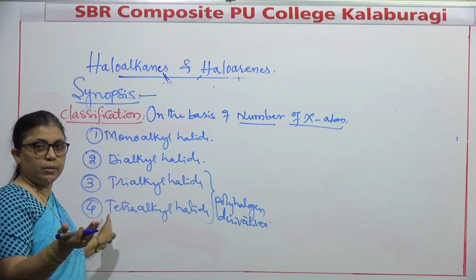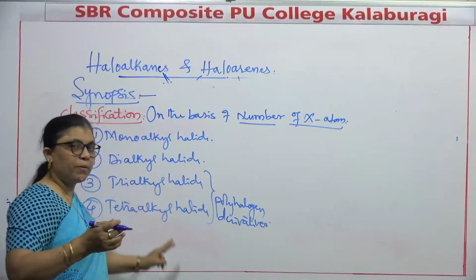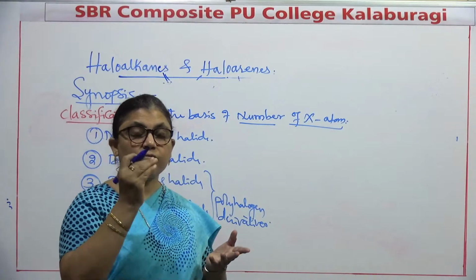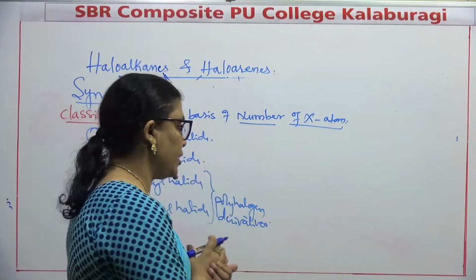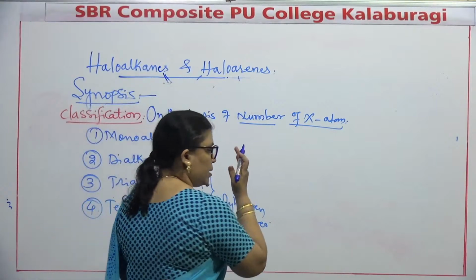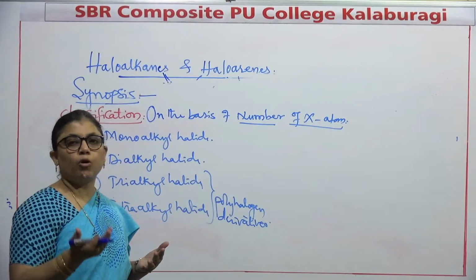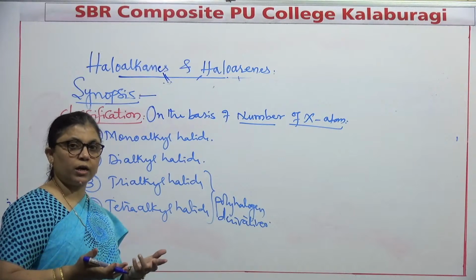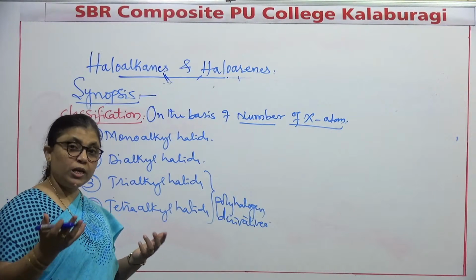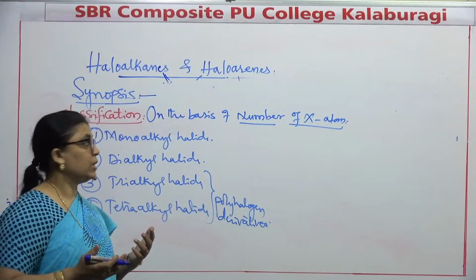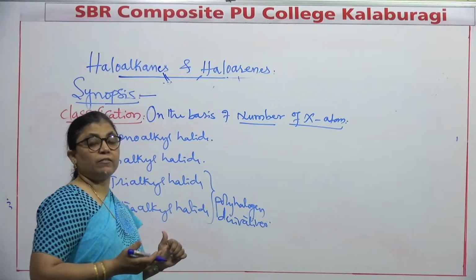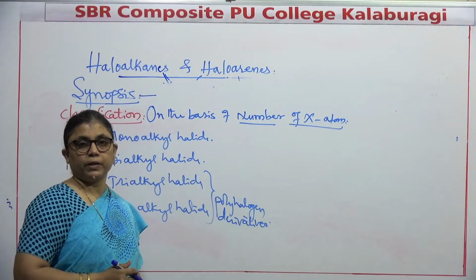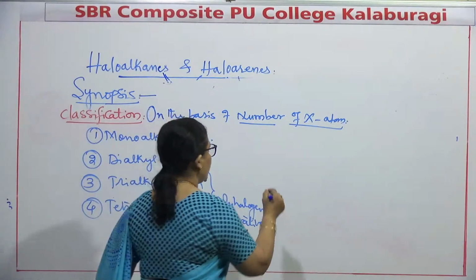Similarly, four are replaced. All together, depending upon the number of hydrogen atoms replaced by halide groups, they may be mono, di, or polyhalogen derivatives of alkane. It doesn't mean that only haloalkane can be classified; even haloarene can be classified also.